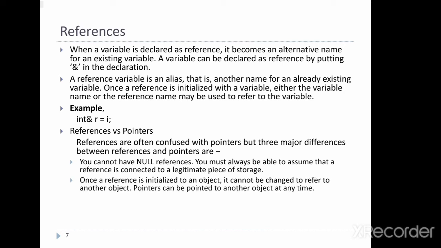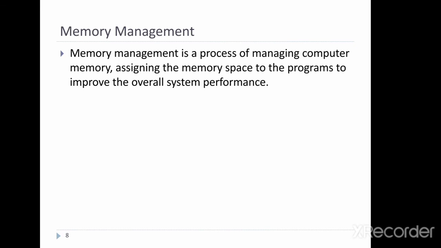Once a reference is initialized to an object, it cannot be changed to refer to another object, but a pointer can point to another object at any time. And third one is the reference must be initialized when it is created, but a pointer can be initialized at any time. So these are the differences between references and pointers.